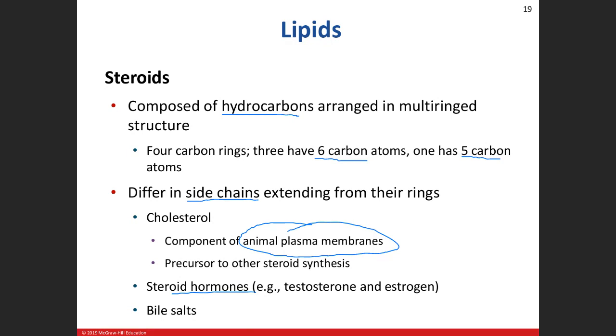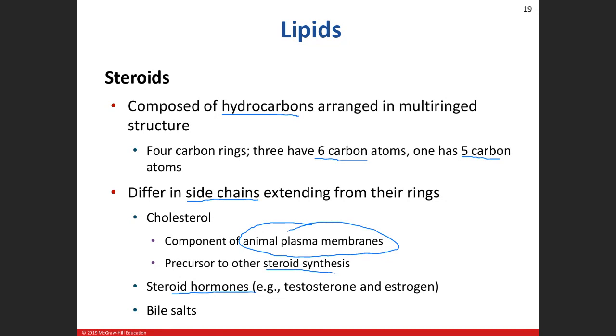And the more cholesterol you have in the plasma membrane, this is why fat, believe it or not, or cholesterol is important in your diet. This plays a role in your cell's ability to withstand these temperature extremes. And then also, we need it for certain steroid synthesis.